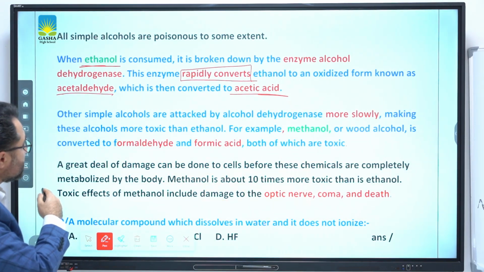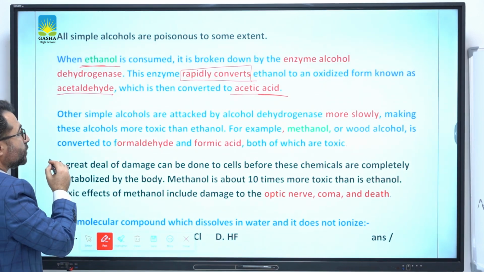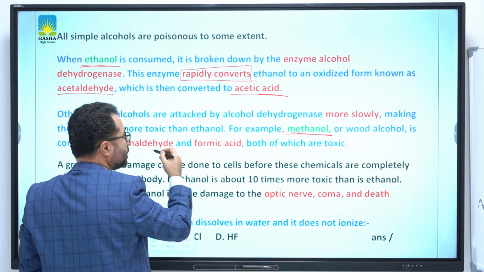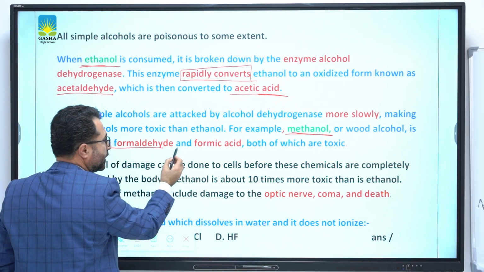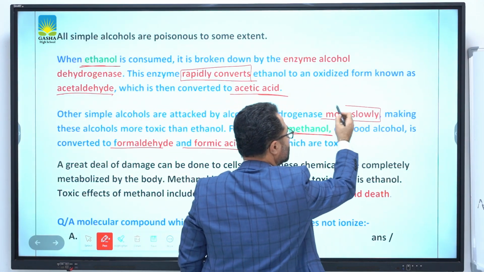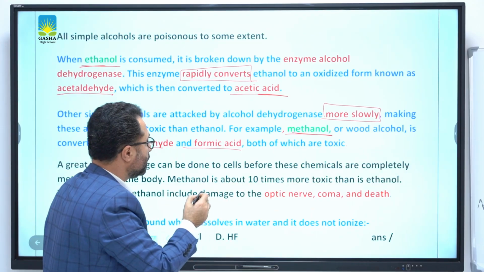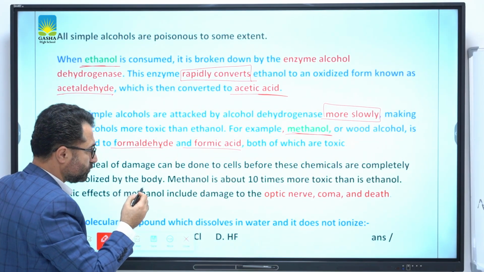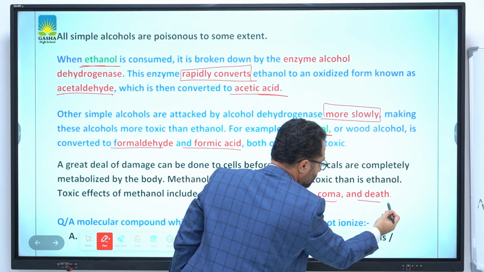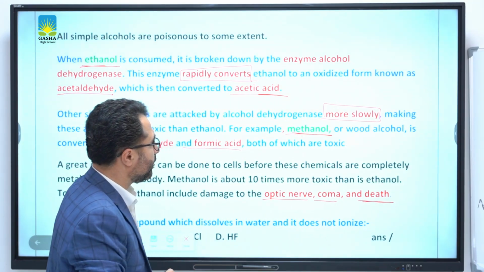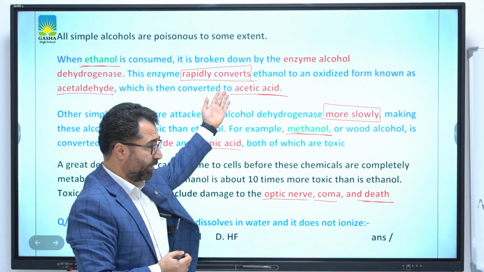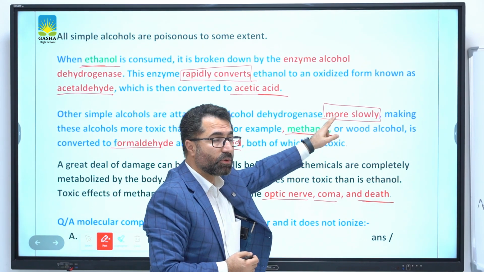But when methanol is drunk, it converts to formaldehyde and formic acid by the same enzyme more slowly. So when methanol is drunk, it damages the optic nerve and causes coma, and then death. It's more toxic than ethanol. Why? Because the conversion is so slow.